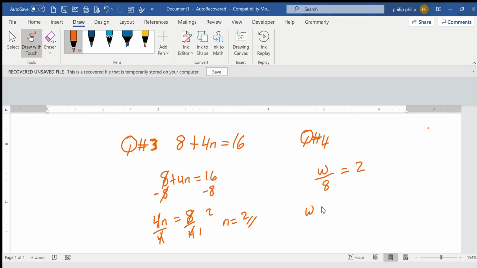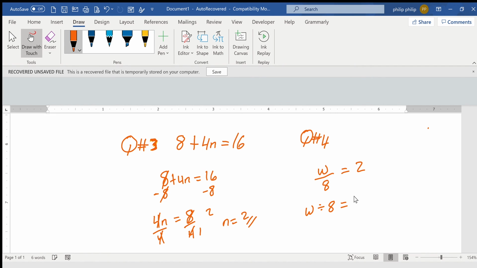We say W divided by 8. Now, don't get confused here. This division bar is just the same as division here. It's just the same as W divided by 8. Alright, it's still the same thing. I'm just rewriting the question better so I can understand.